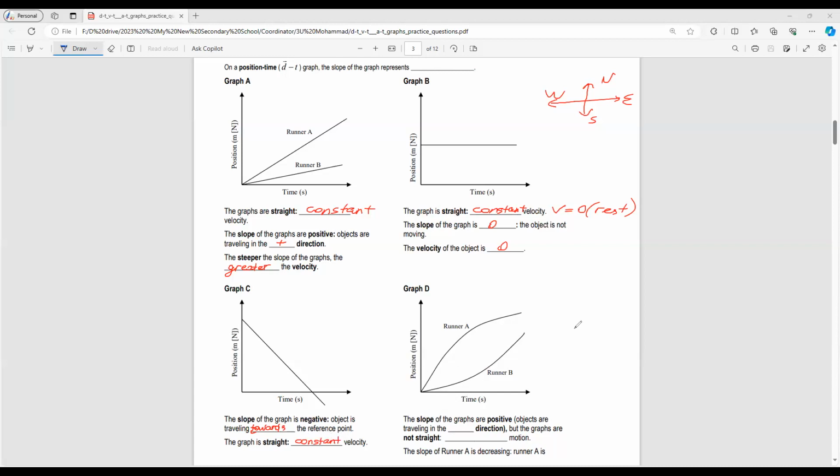Okay, now look at this graph D. What you see is some curves, right? Whenever you see curves on a distance-time graph, it means the object is speeding up or slowing down.